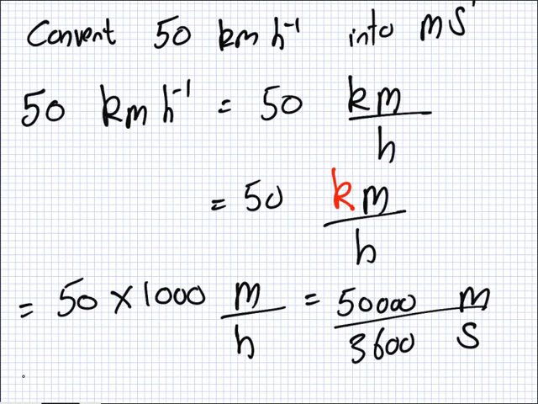Okay, so the answer is whatever this divided by this is. Let me check. 13.9 meters per second. That's the answer.